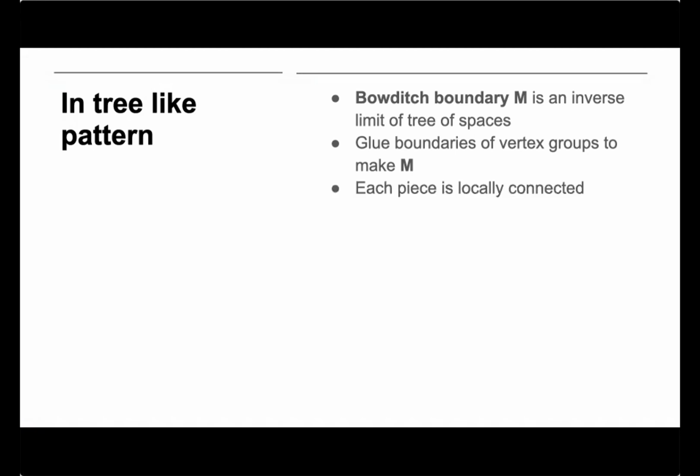So what we show is that each of the pieces, that is the boundary of the vertex groups, are locally connected. And then we piece it together using a theorem by Capel to show that the entire thing is locally connected. So that's how the thing flows.